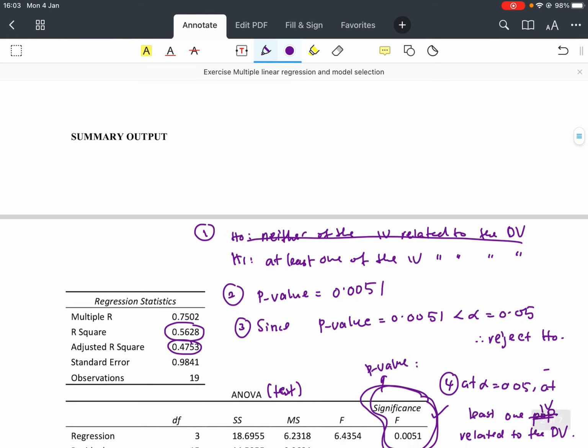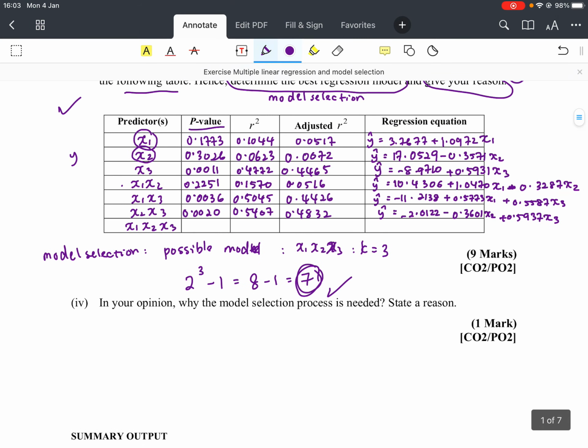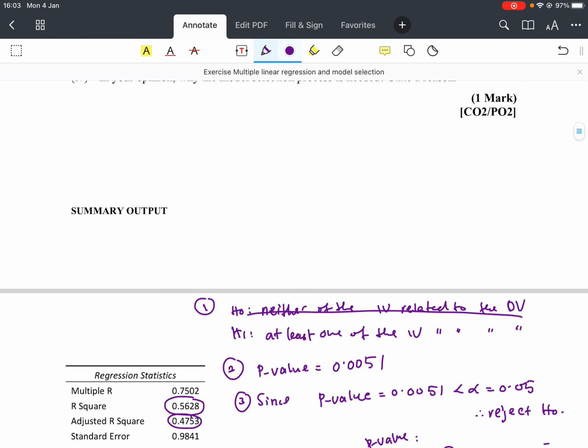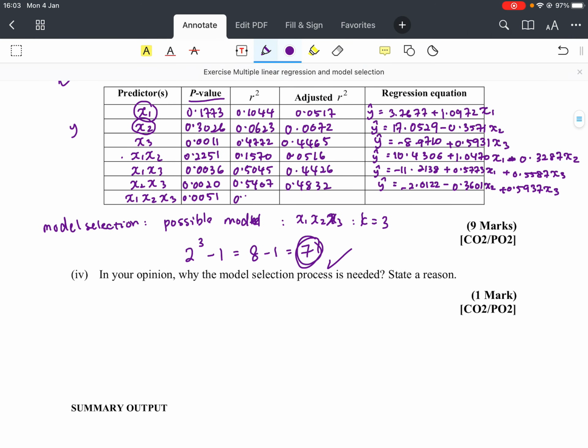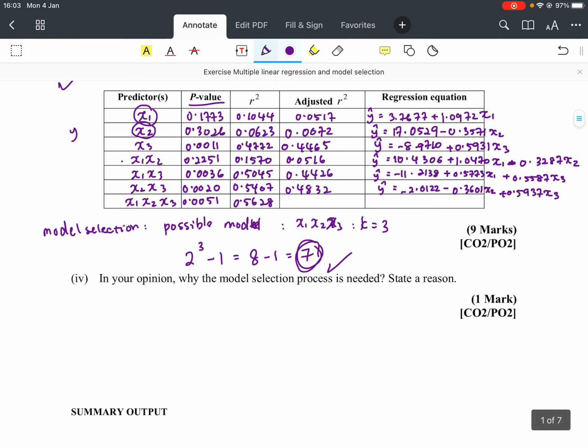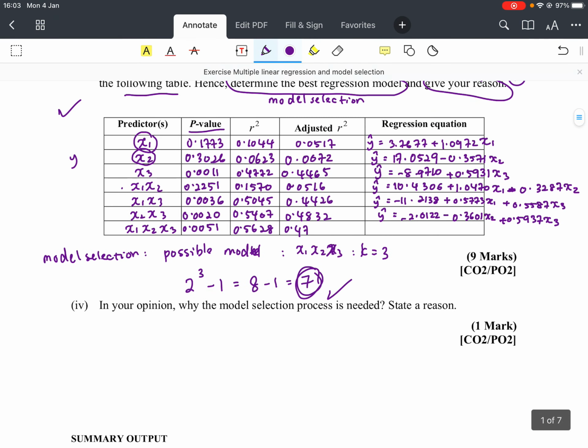So the p-value is 0.0051, and the r square 0.5628, adjusted r square 0.4753. Okay, write down the equation.